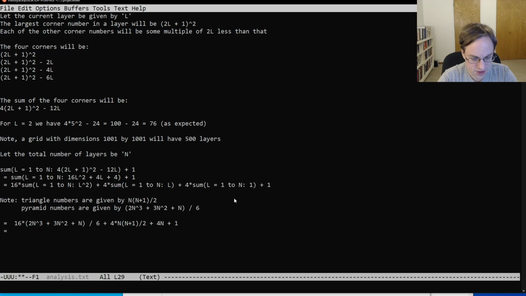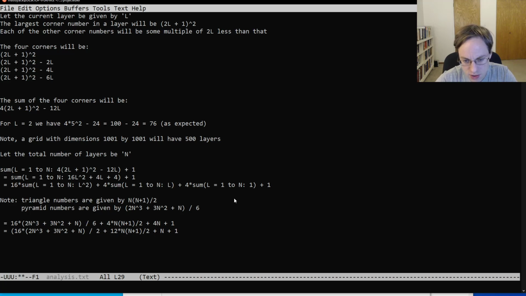Okay, so let's see if we can simplify this a little bit. So one thing that I'm going to do, so that we can work with integers here, is this factor of 1/3 in here is kind of obnoxious, and so what I'm going to do is take that out, multiply these other terms by 3, and just add a divided by 3 at the end here.